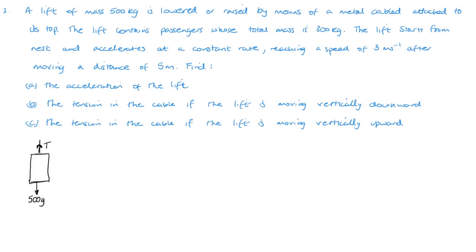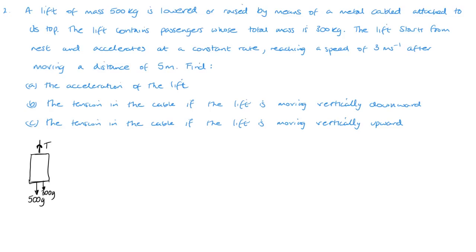Now, in the lift, there are passengers whose total mass is 300 kilograms, so that's an additional 300 going downwards. The lift starts from rest and accelerates at a constant rate, reaching a speed of 3 meters per second after moving a distance of 5 meters. Find the acceleration of the lift.